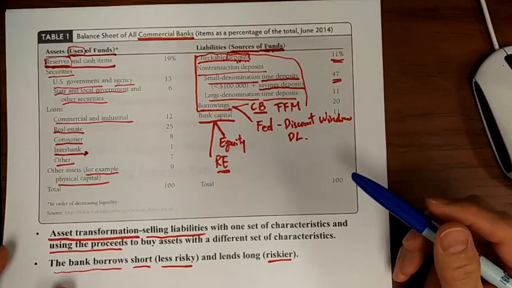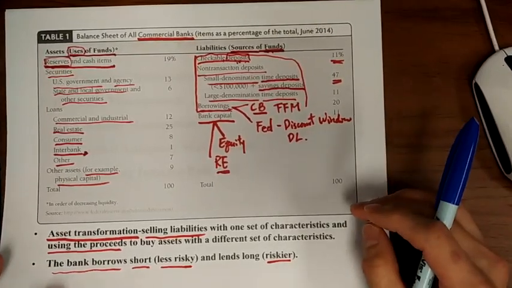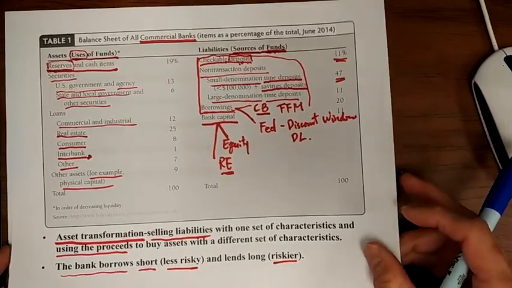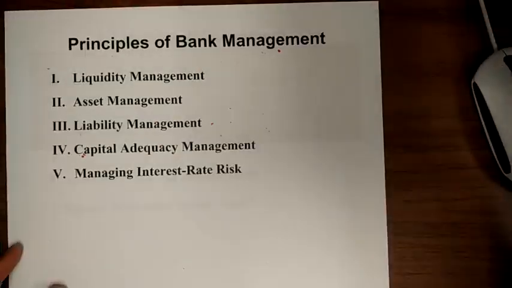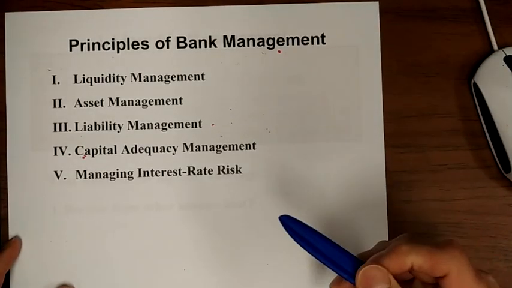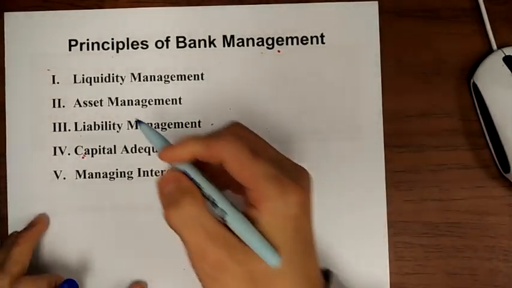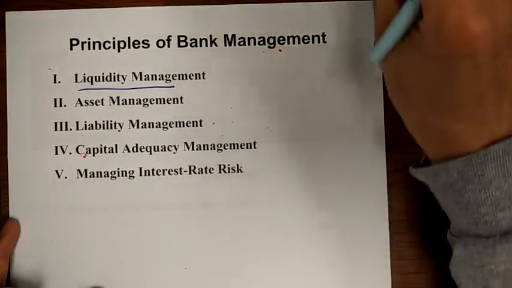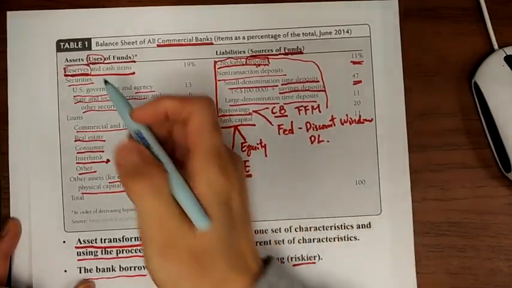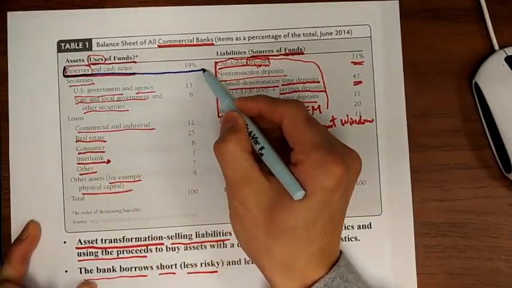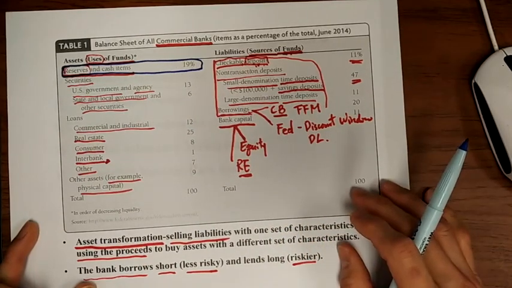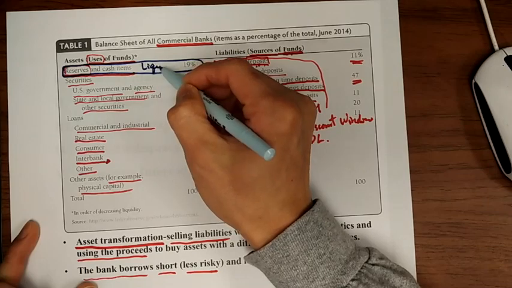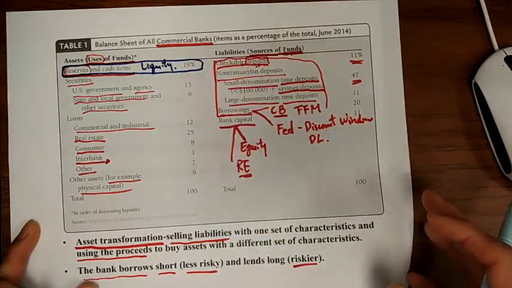If after you graduate from college you are working for a bank, what kind of jobs will you do? Well, first, you can be a liquidity manager for the bank. Then you are in charge of this part of the bank balance sheets, that is reserve and cash item. That is exactly the liquidity of the bank.